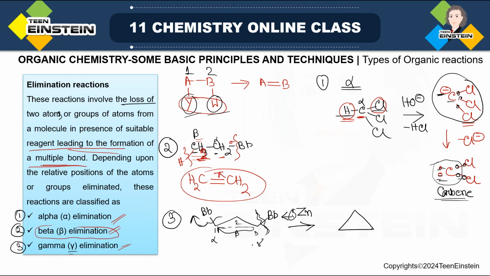So ultimately the byproduct is ZnBr2. Zn helps us to remove both the bromine atoms. So the side product is ZnBr2, and the main product we are getting is cyclopropane. See, here also we are not getting any newly generated pi bond. That is only true for beta elimination, and this is the most common, not the other two. Fine.